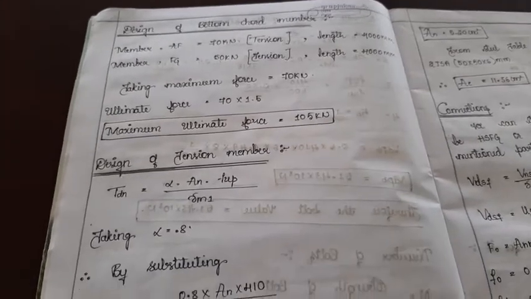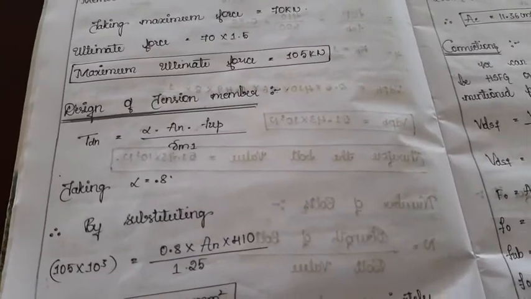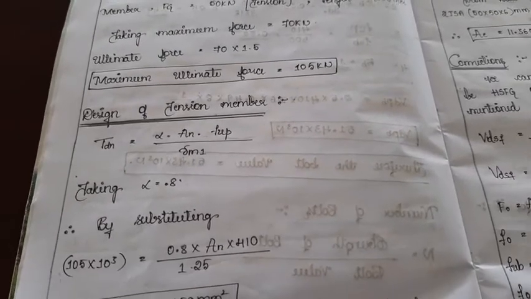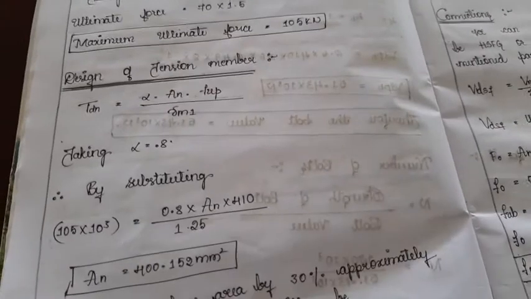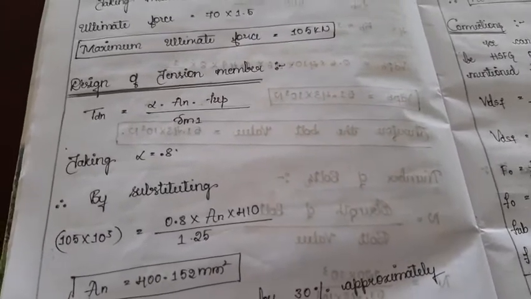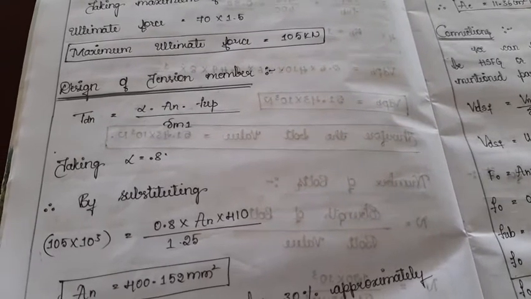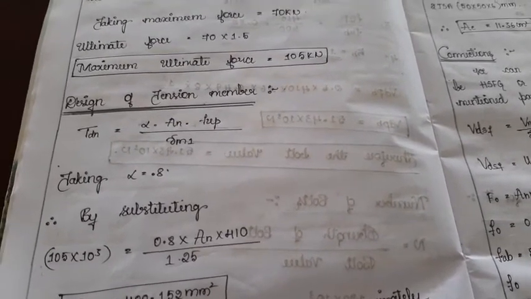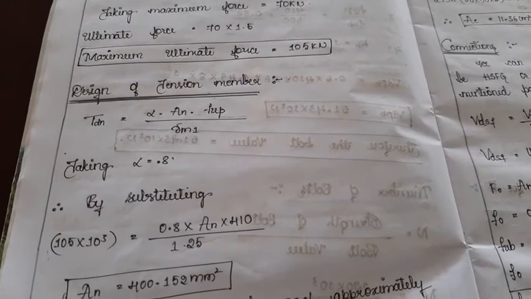While doing the tension member design, you have the formula TDN equals alpha AN FUP by gamma M1. Always assume the alpha value as 0.8. Here FUP, the ultimate stress of plate, is always 410, and the gamma M1 value is always 1.25.